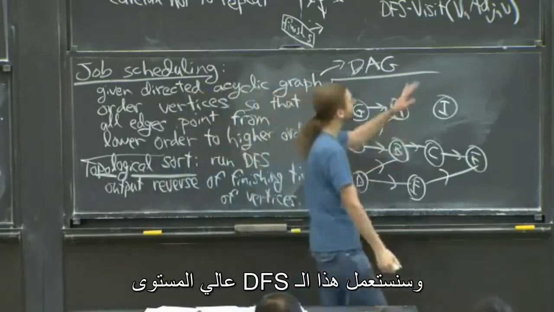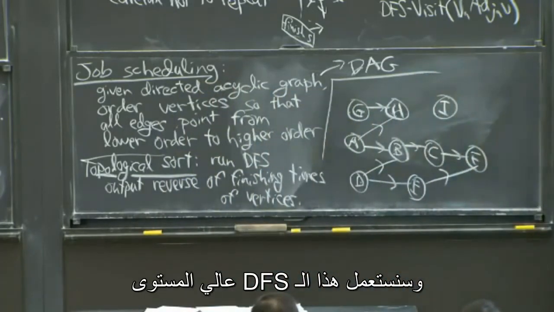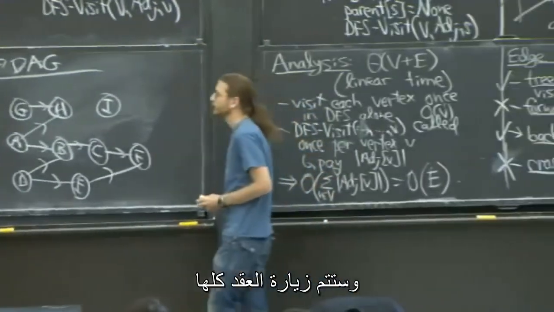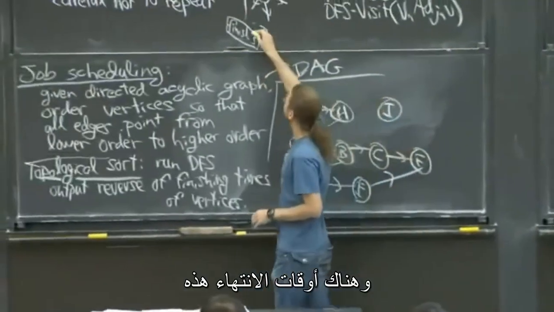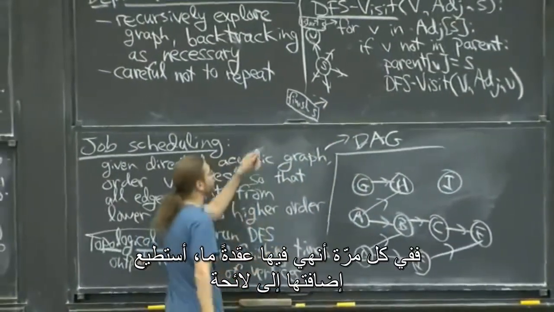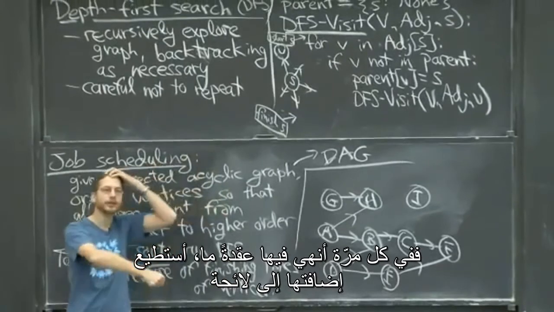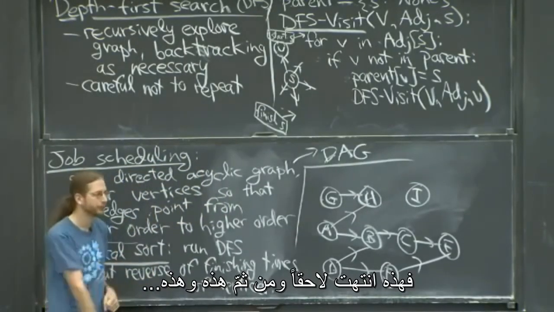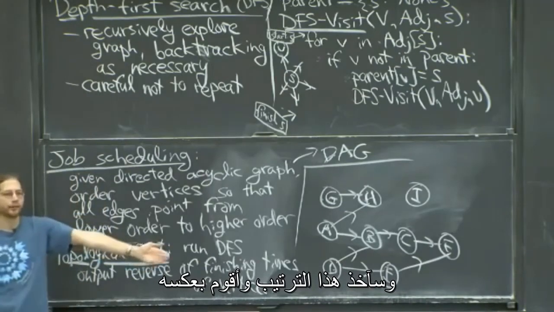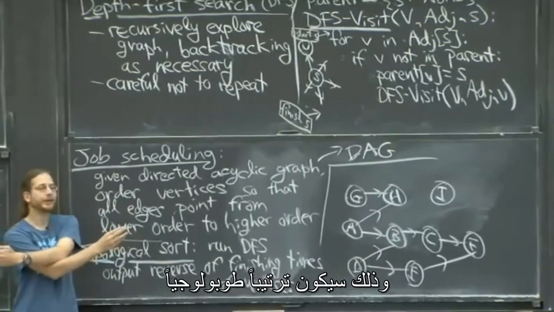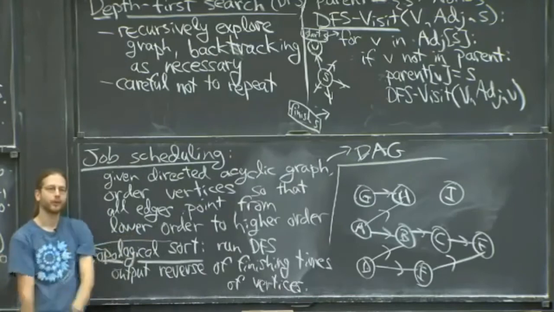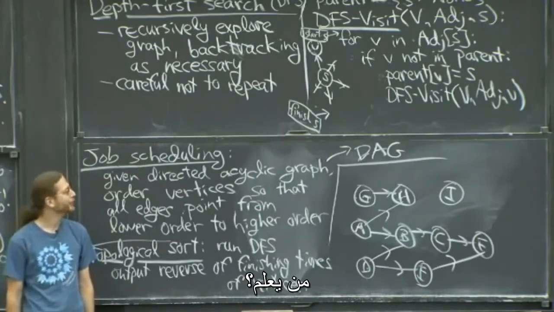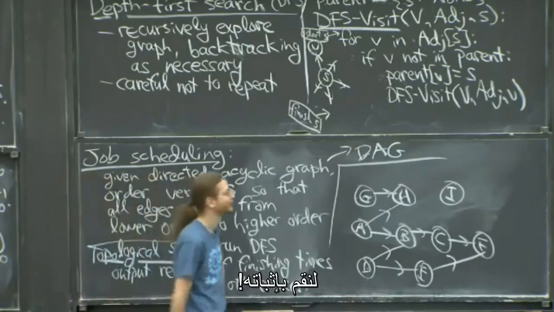So we use this top-level DFS, so everybody gets visited. And there are these finishing times. So every time I finish a vertex, I could add it to a list. Say, OK, that one was finished next. Then this one's finished. Then this one's finished. I take that order, and I reverse it. That will be a topological order. Why? Who knows? Let's prove it.